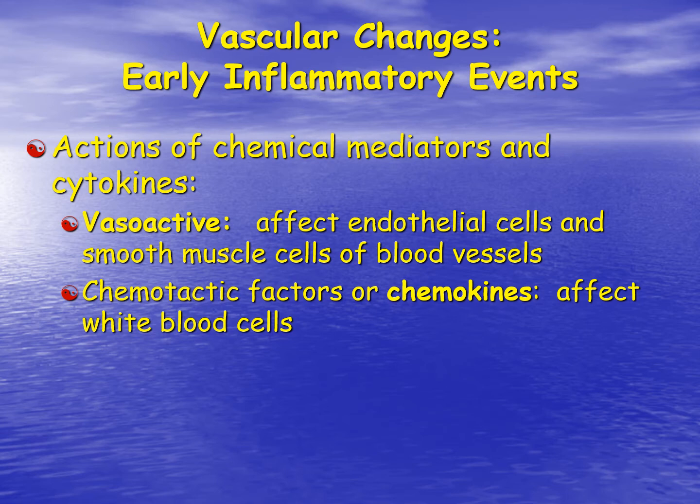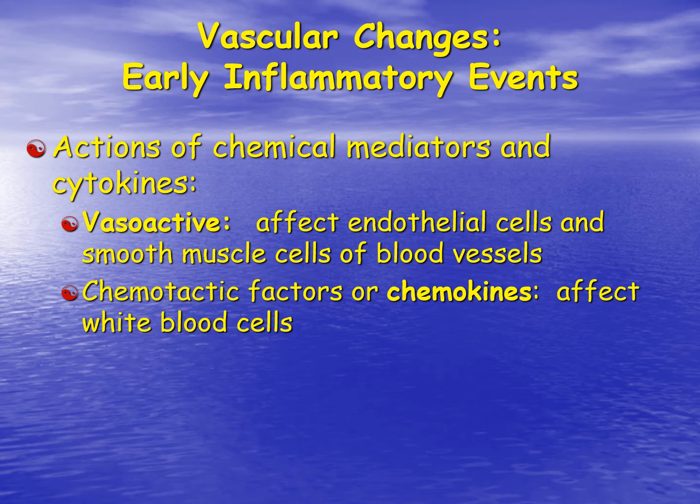Chemotactic factors or chemokines will actually attract neutrophils and macrophages to this area. By the time that we start to see the vasodilation, we should have at least the platelet plug intact in the defect in the blood vessel wall, if not the actual beginning of the fibrin clot.